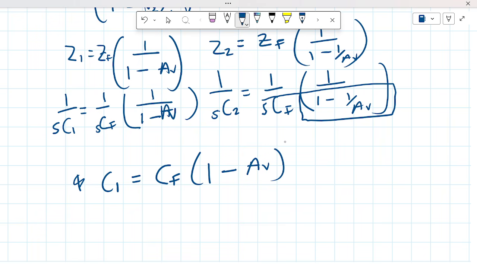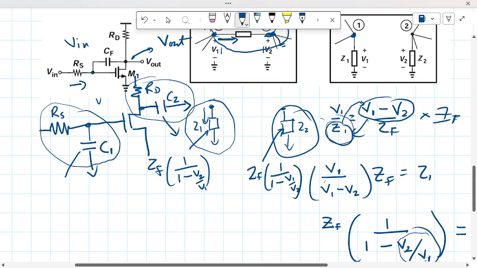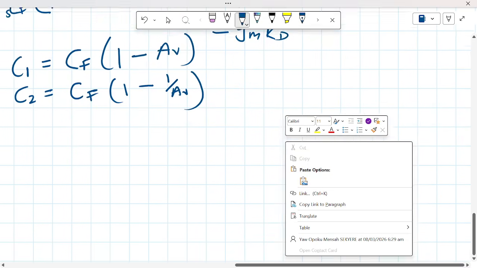And on the right hand side, the capacitance alone, not looking at the impedance, is the original capacitance boosted by a factor of 1 minus 1 over the gain. So assuming the gain in the common emitter stage is negative GMRD, then we can rewrite the whole thing as this.